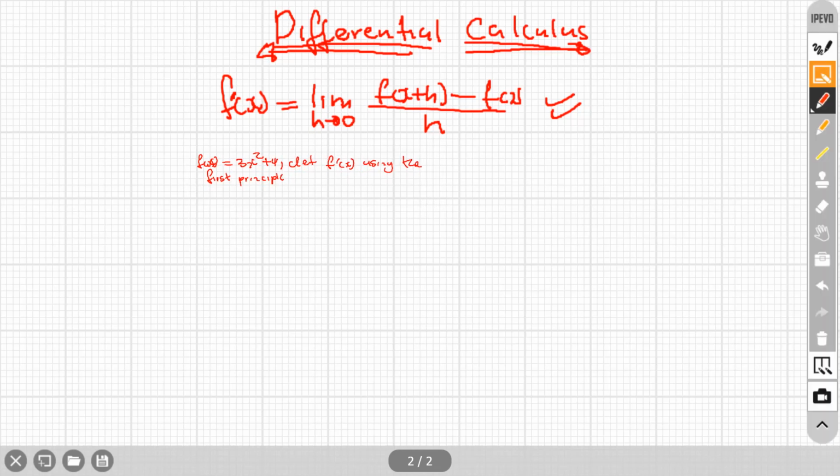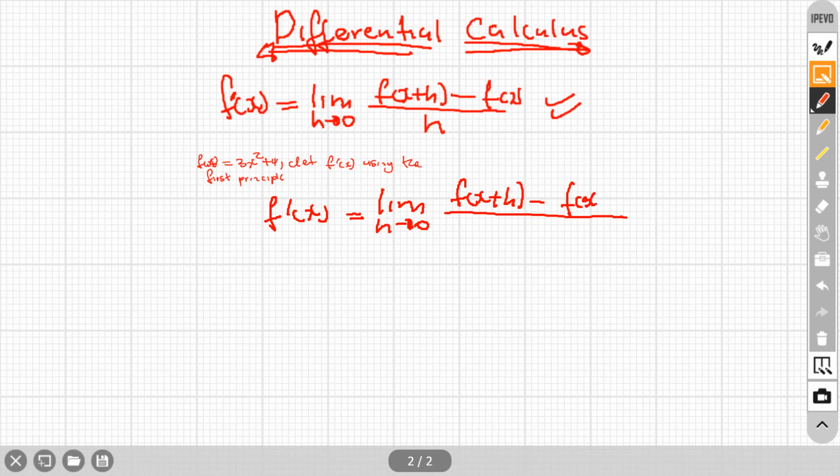Okay, then we confirm. So number 1, we're going to state the first principle first. We already have it, but let me just write it again. f prime of x is equal to lim h approaching 0 of f of x plus h minus f of x, all over h.